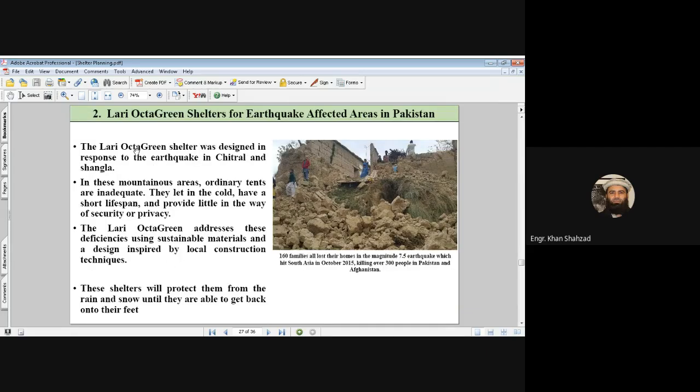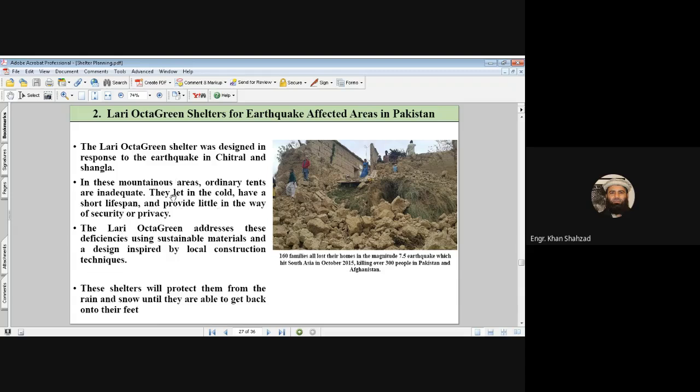So here you can see the Lari Akta Green shelters for earthquake affected areas in Pakistan. The Lari Akta Green shelter was designed in response to the earthquake in Chitral and Shangla. In these mountainous areas, ordinary tents are inadequate because of the severe weather conditions. As I told you, they let in the cold, have a short lifespan, and provide little security or privacy.